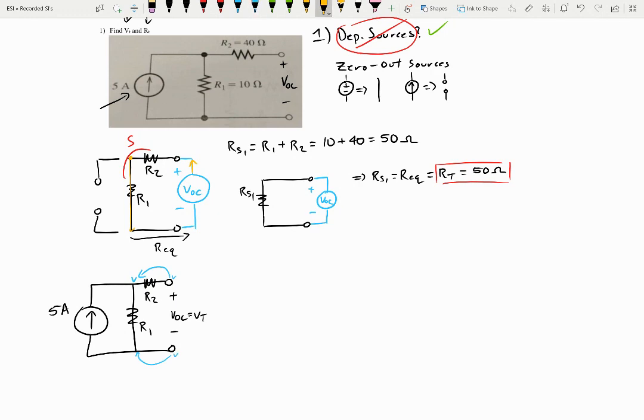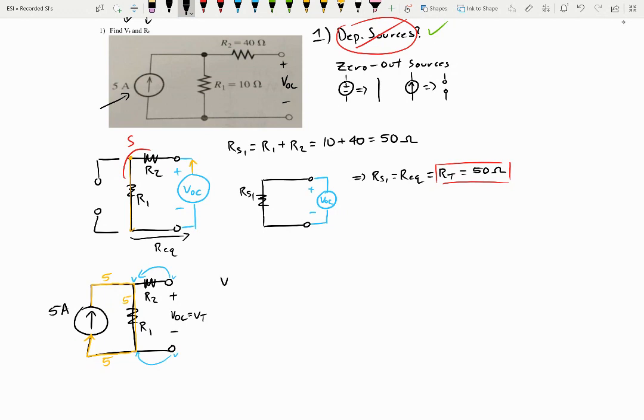So let's look at what happens. So we'll look at 5 amps here. So 5 amps will come up this way, hit this node. Notice this, okay, can't go down that way because there's an open terminal. So all 5 amps will run through R1, and it'll come back and finish its loop. So this was 5 amps all the way through. So we know the resistance value of R1, we know the current running through it.